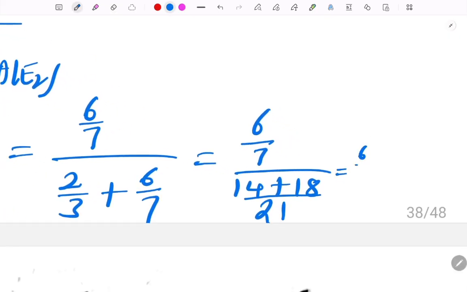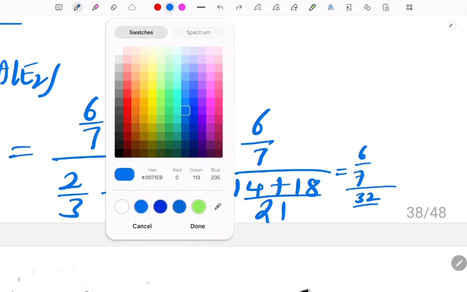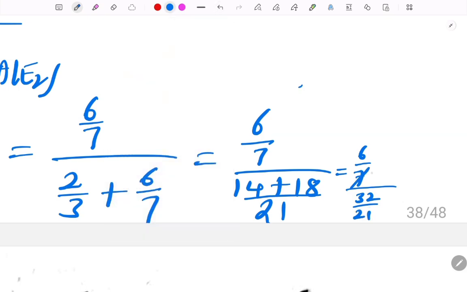So 6 by 7 whole dividing by 32 by 21. The 7 cancels with the 21, leaving 3 in the numerator, 6 times 3 is 18, and it is 32. Both are multiples of 2, so 18 cuts to 9 and 32 cuts to 16. My answer is 9 by 16.